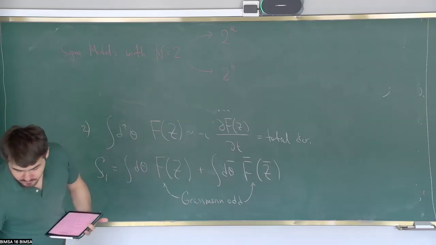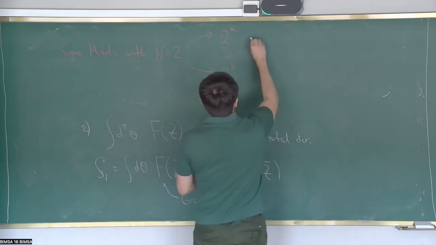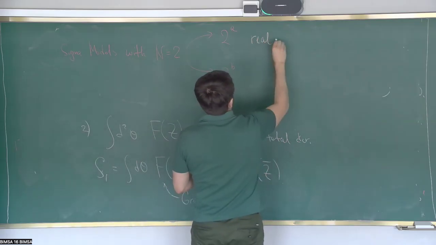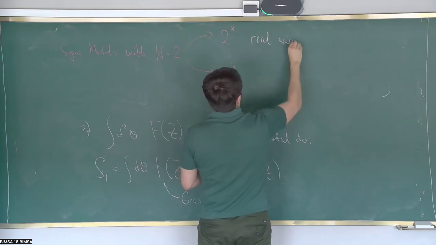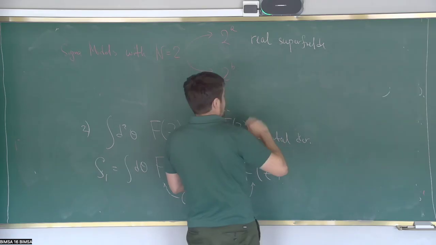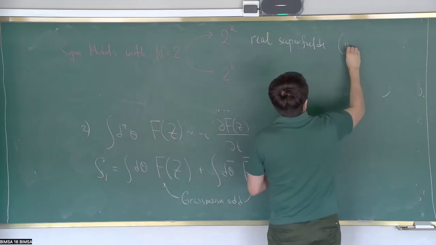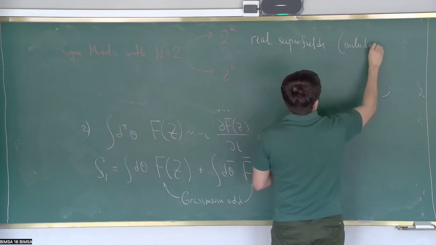So now the field content. In the 2A model, we have real superfields. So in particular, this includes the Witten model that we studied before.